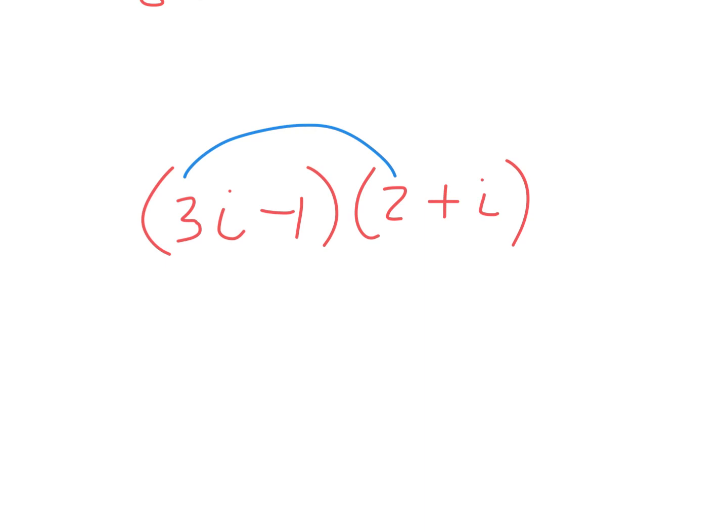And then I've got to remember that i squared is equal to what? -1. Very good, Niven. But a lot of you didn't know that. You should write it on your 3x5 card: i squared is -1. So go ahead and multiply this out. And when you get an i squared, which you will, replace it with a -1 and continue to simplify.